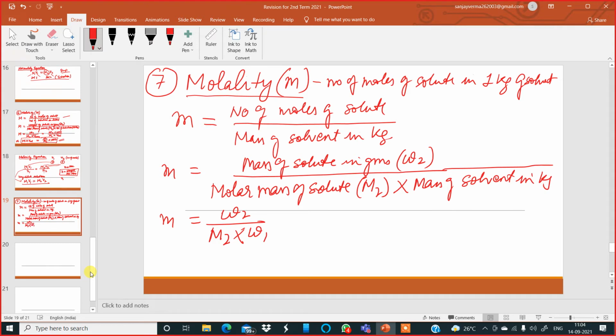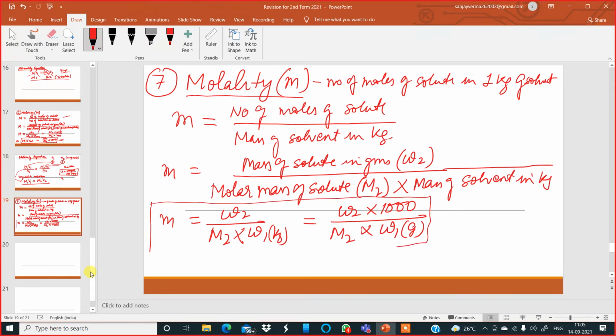Since this is in kilograms, I will convert it into grams, and get the formula W2 into 1000 divided by M2, the molecular mass of the solute, multiplied by W1, the mass of the solvent in grams, because I have divided by 1000. This is the formula to obtain the molality of the solute.